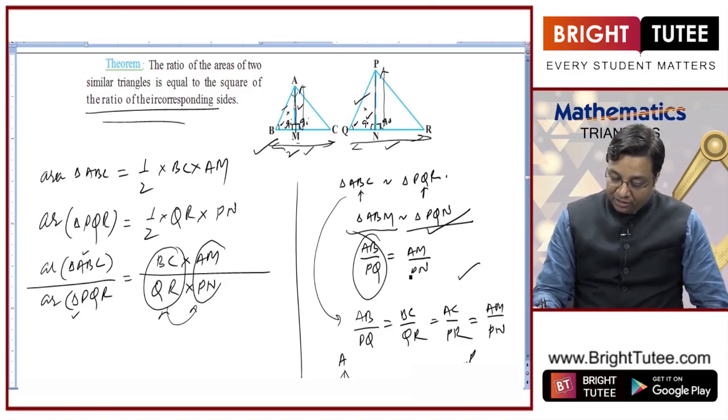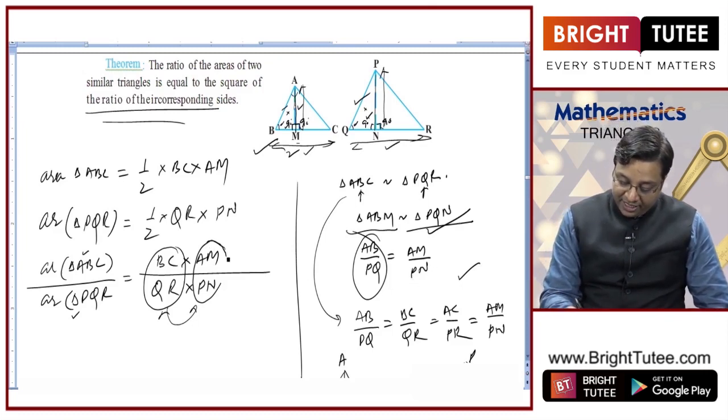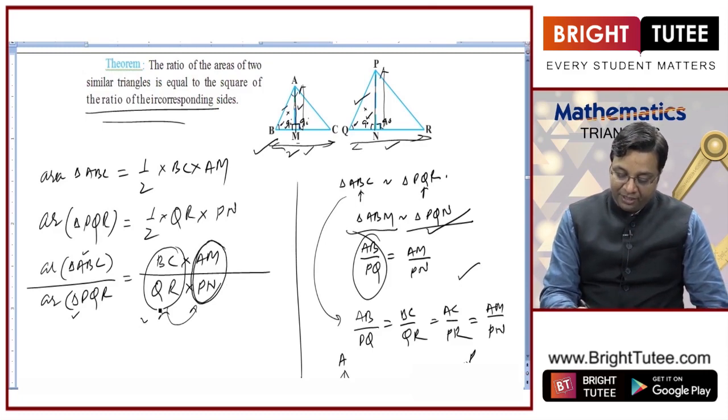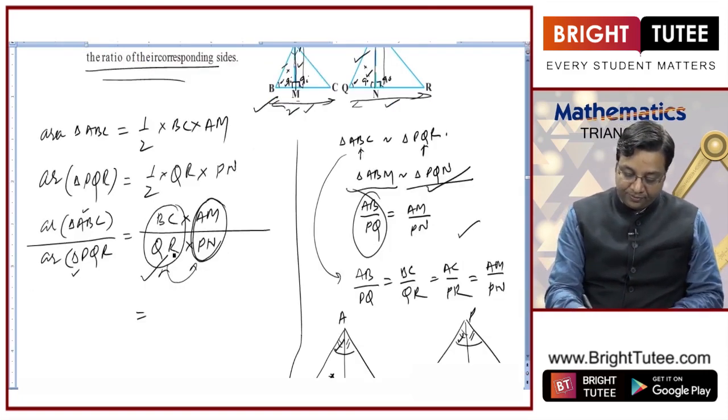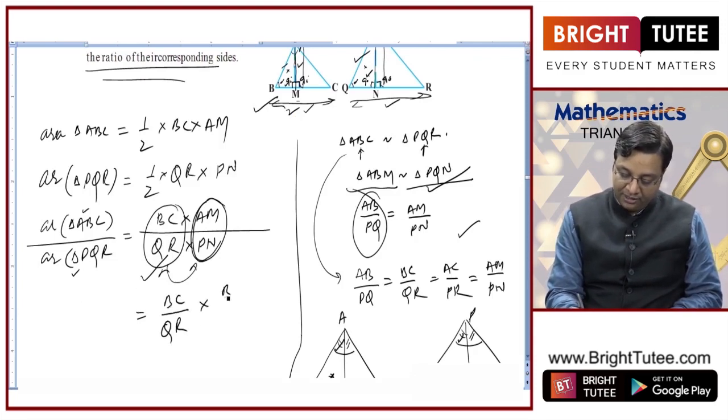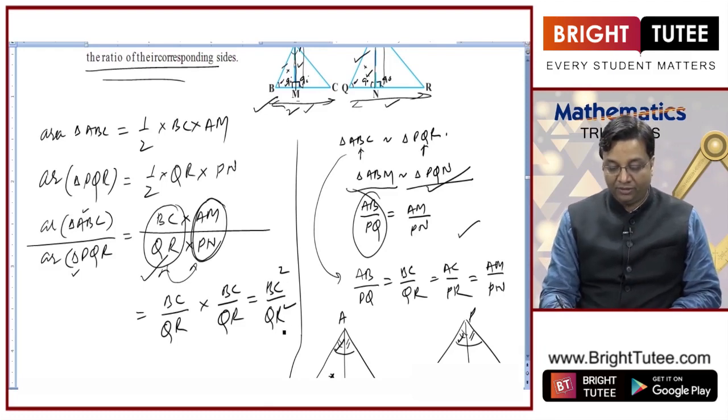So what I can do here is replace AM by PN with BC by QR, or vice versa. If I replace AM by PN with BC by QR, it will give me BC by QR here. So it is equal to the ratio of squares of these sides, BC square by QR square.